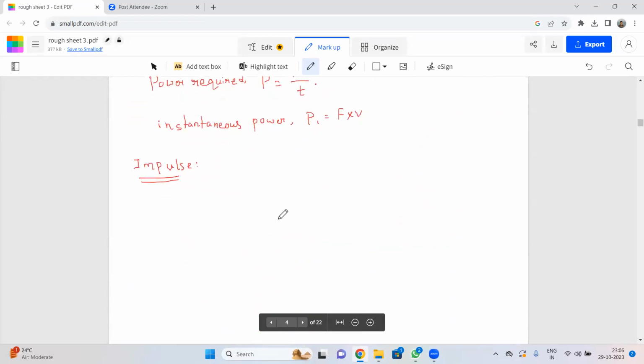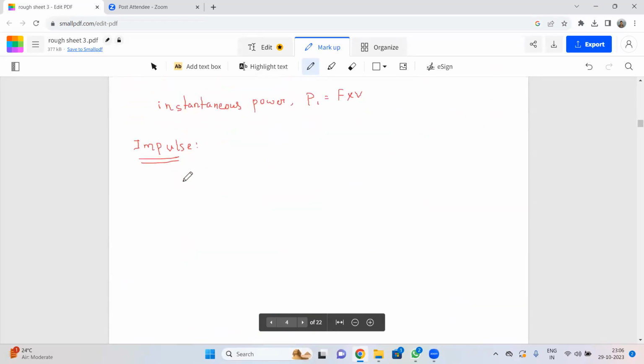Suppose there is one ball with mass m1, and initially at this point it has velocity v1, moving in this direction.